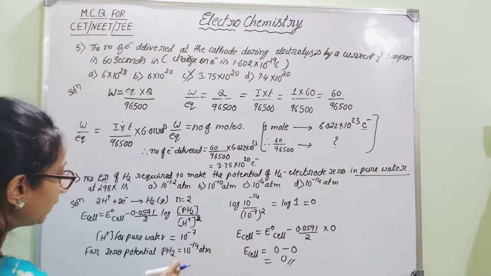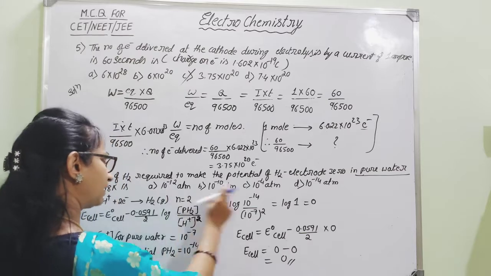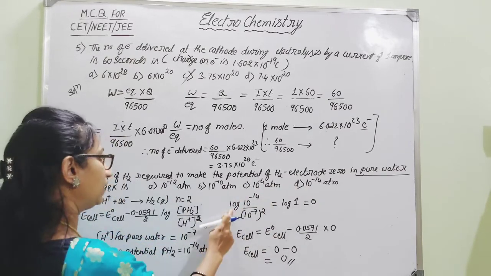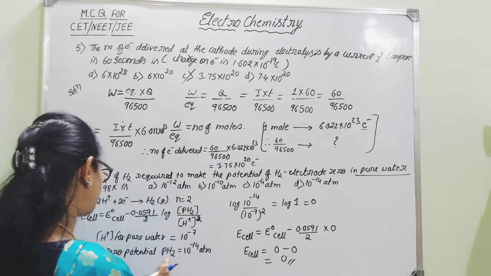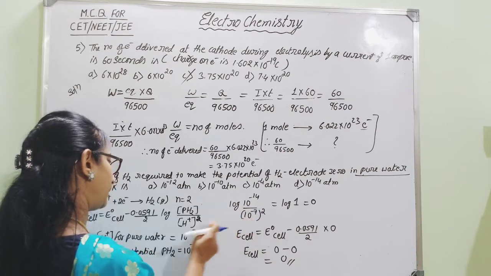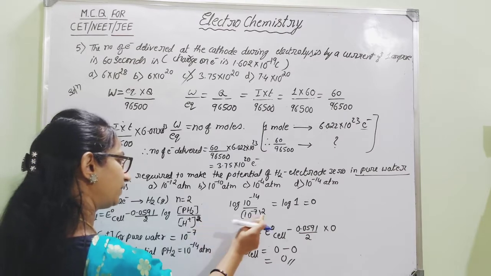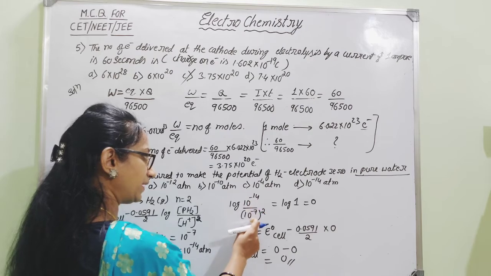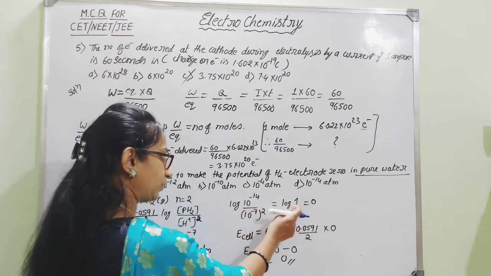Now see what happens when we take 10 power minus 14 atmosphere. We picked log of pressure of hydrogen, so P of H2 is equal to 10 power minus 14, divided by H plus which is 10 power minus 7, and we raised the power 2. Now if we simplify this, 10 power minus 14 divided by 10 power minus 14 is exactly equal to 1.